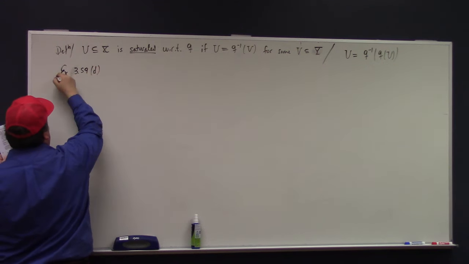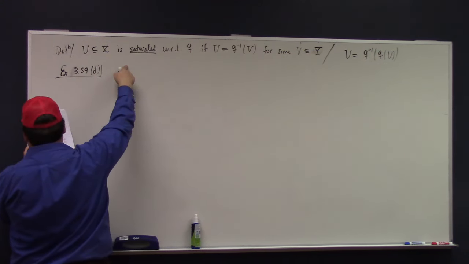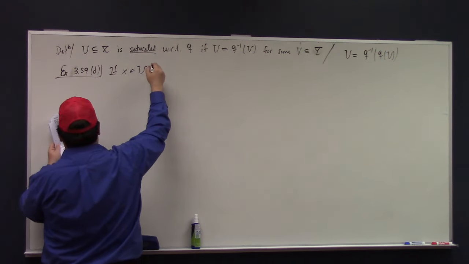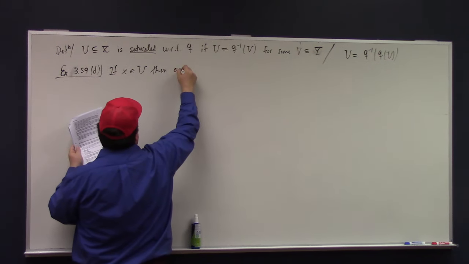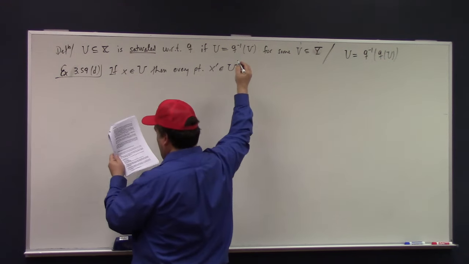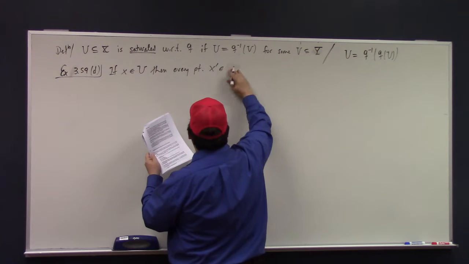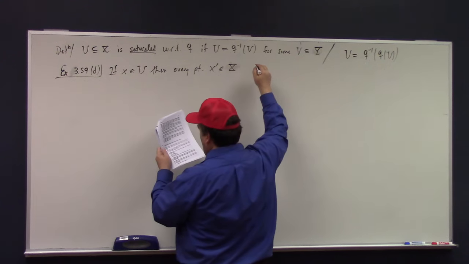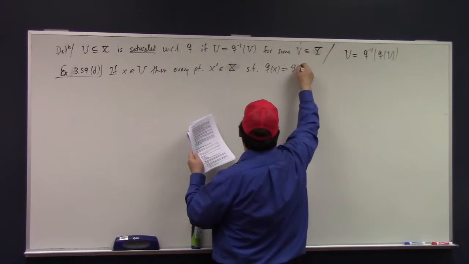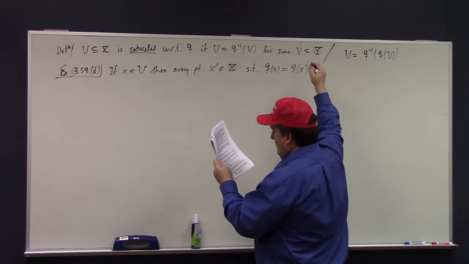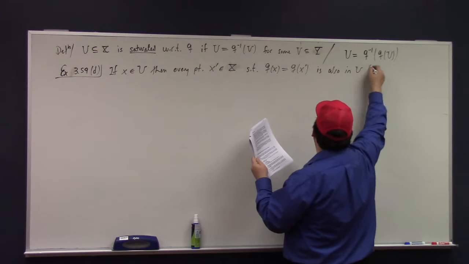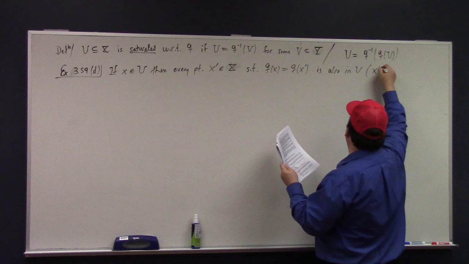Part D, you're asked to prove that U being saturated also means that if x is an element of U, then every point x' in X such that Q of x is equal to Q of x' is also in U. Let me put that more specifically: x' is in U is what he's saying.